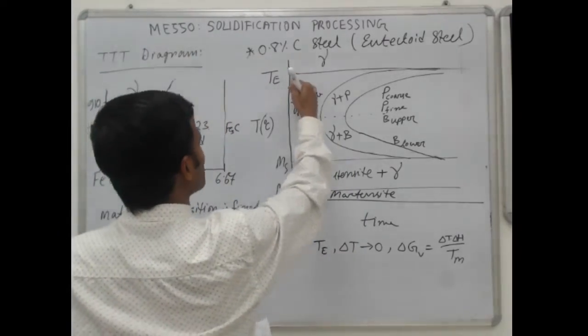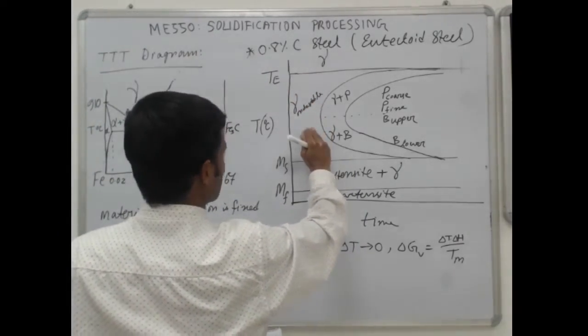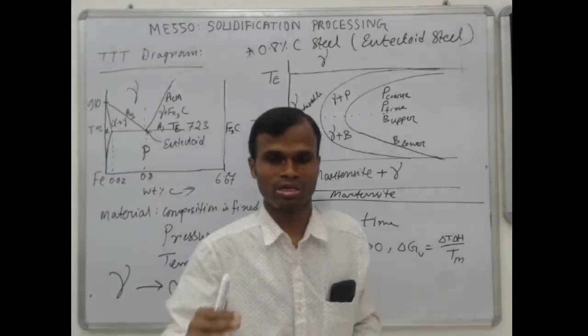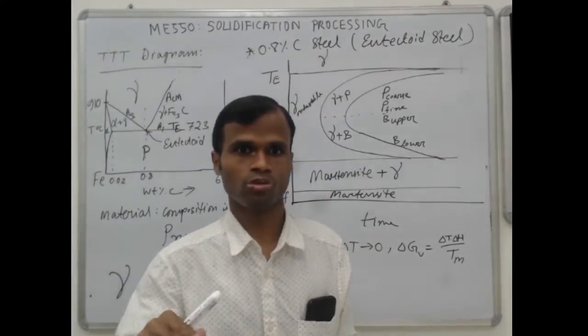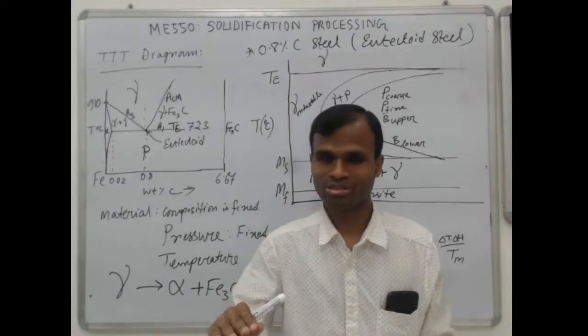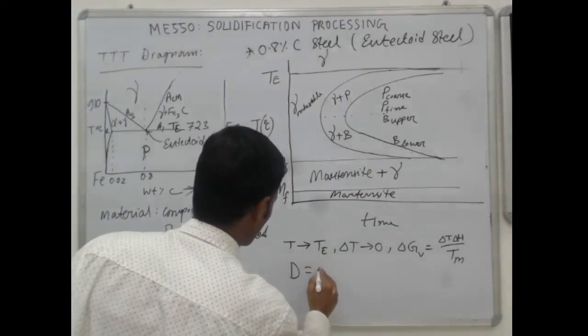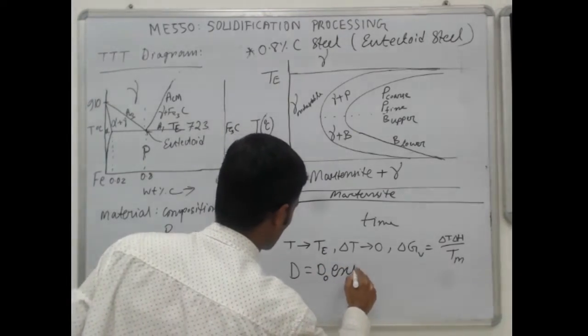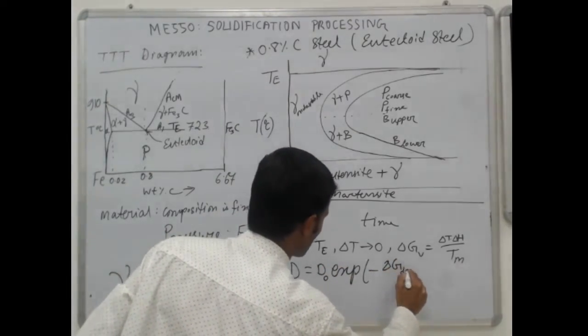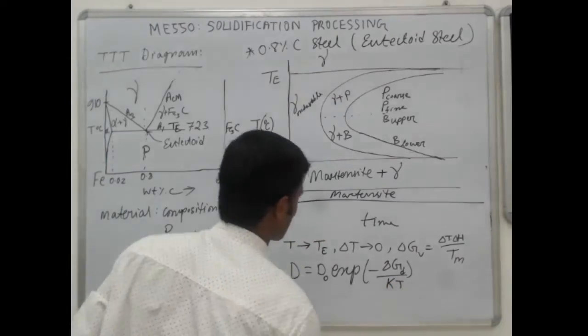Now if your undercooling is below this nose, your undercooling is so high and your transformation temperature is so low. What happens? Then the diffusion, D equals D0 exp minus delta G_D by kT.